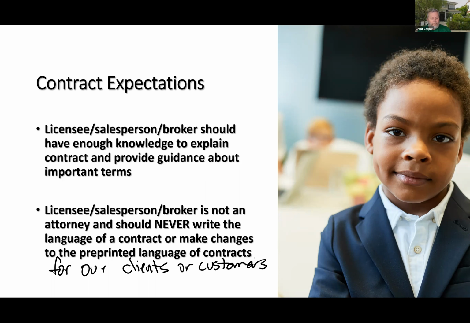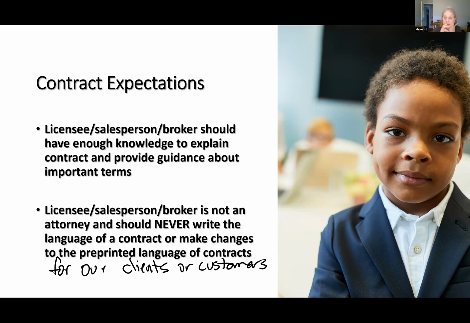I will point out one gotcha they could throw at you on the test: listing agreements or buyer agency agreements. Folks, aren't we a party to the listing agreement or a buyer agency agreement? If we're filling one out and signing one on behalf of our firm, aren't we a party to that agreement?